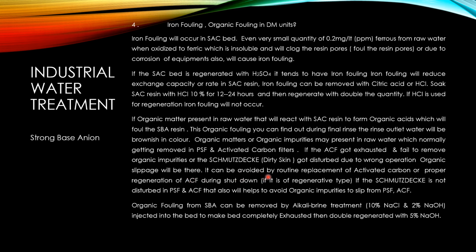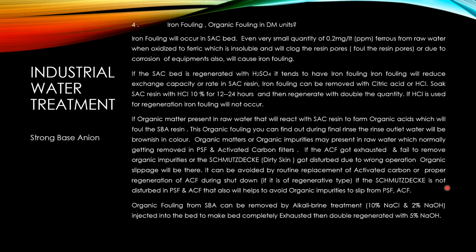Organic slippage can be avoided by routine replacement of activated carbon once in a year or once in 2 years, or by proper regeneration of activated carbon during the shutdown if the activated carbon is of the regenerative type. It can be regenerated with NaOH and steam at around 800 degrees centigrade.